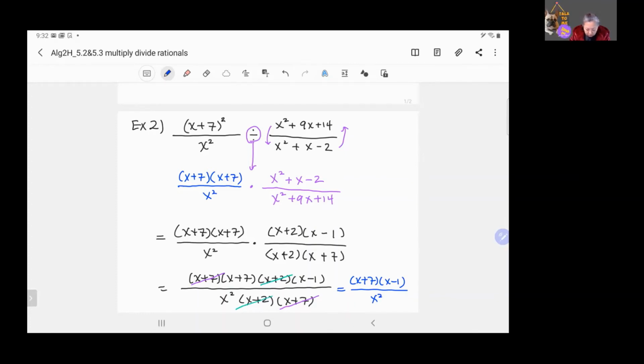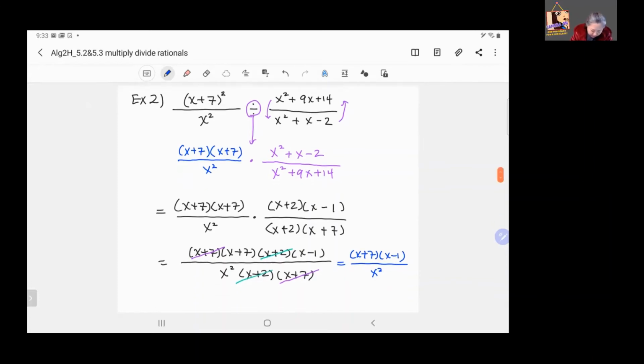So now x squared plus x minus 2 is not a denominator anymore. x squared plus 9x plus 14 becomes the denominator. So in this case, what do we do? Actually, the divisor, whether it's numerator or denominator, is involved with the excluded value, both. So in this case, the excluded value covers both sides, okay?